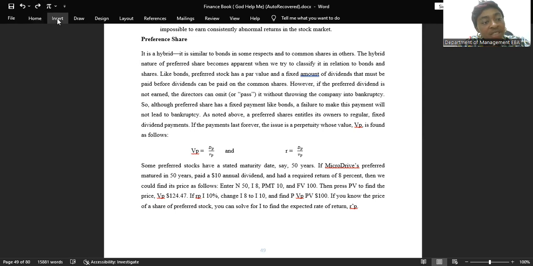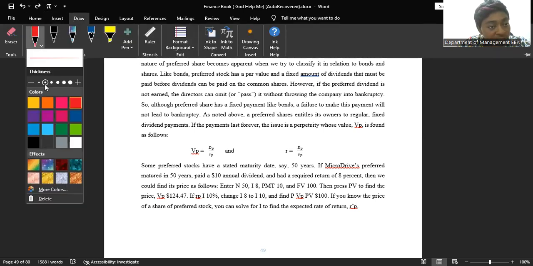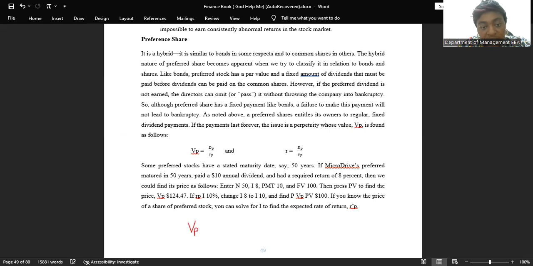All right. So to value preference shares, since they pay a fixed rate, a fixed dividend, the dividend is constant. The only thing is that it doesn't have a period that it ends. So you can also bring in the rate. Okay.